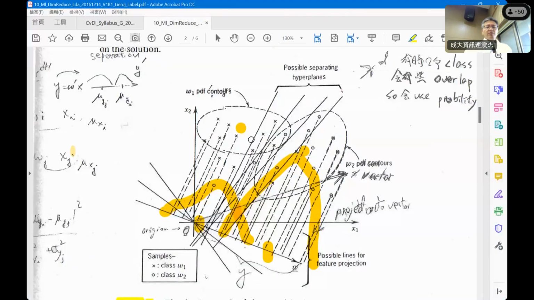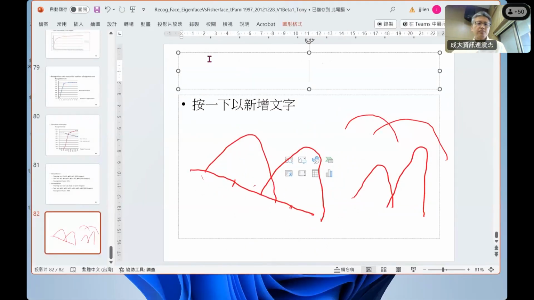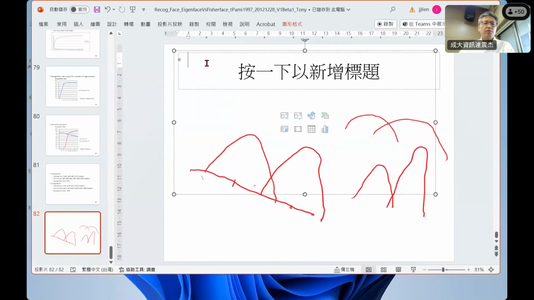So back to here. For the LDA, we have two terms we want to do. We want between versus within. Between means the average values m1 and m2.